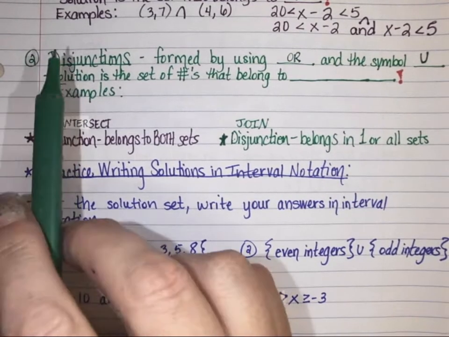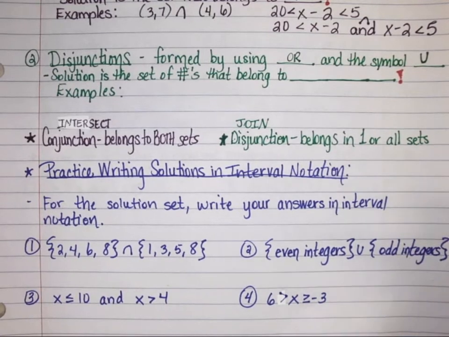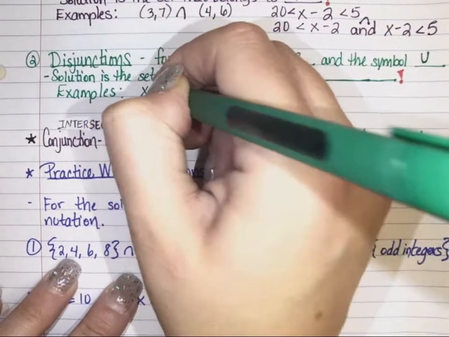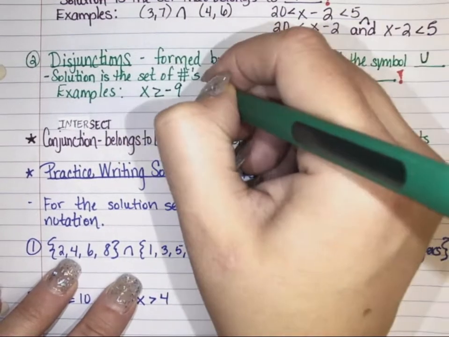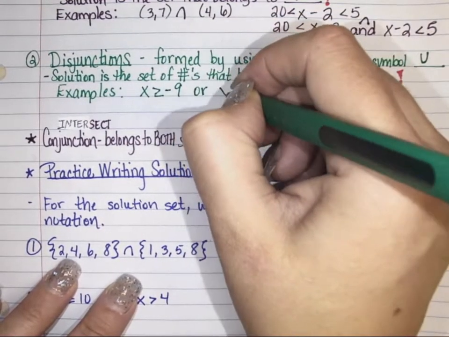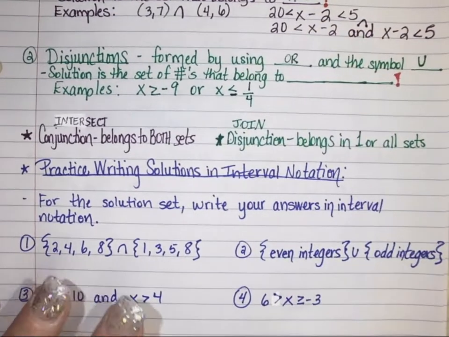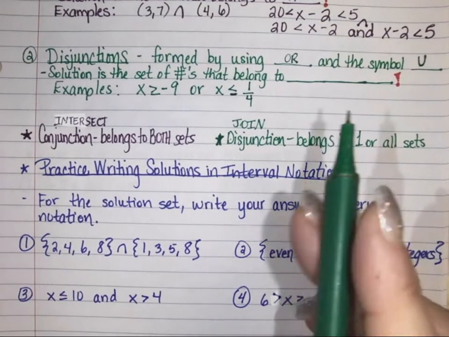Let's say I've got some examples of disjunctions: x is greater than or equal to -9, or x is less than or equal to 1/4. That's an example of a disjunction.